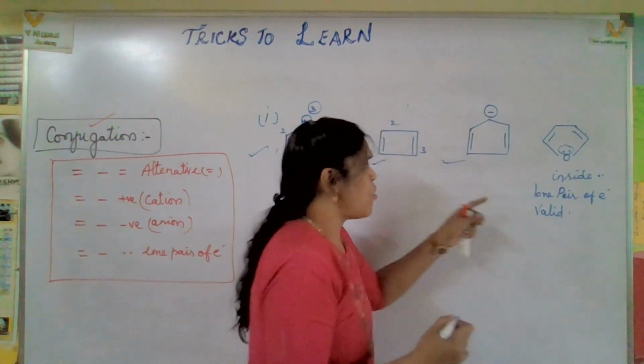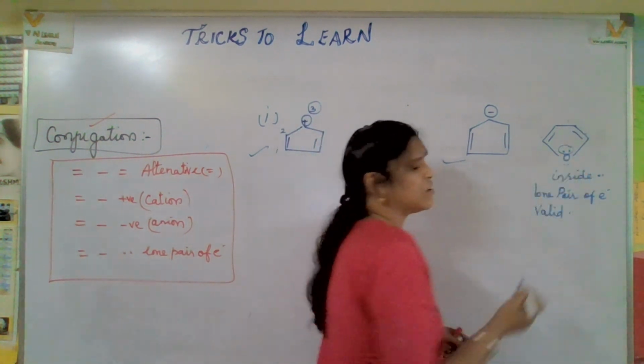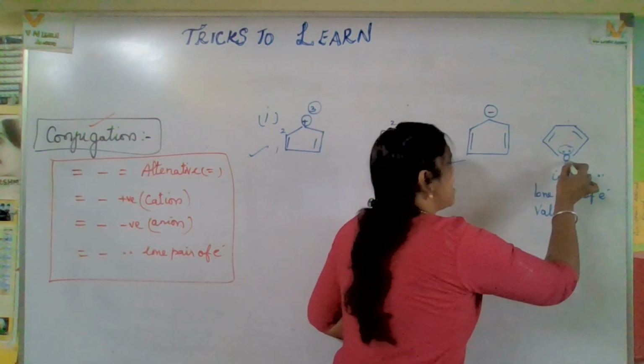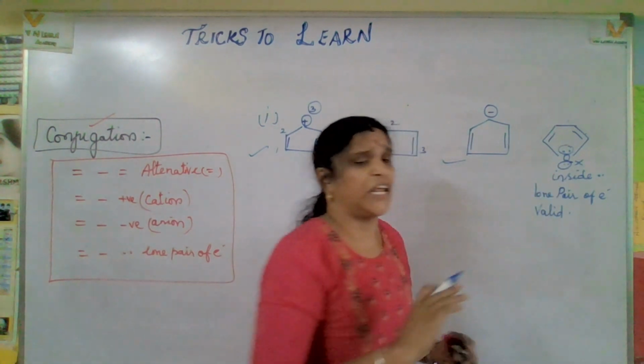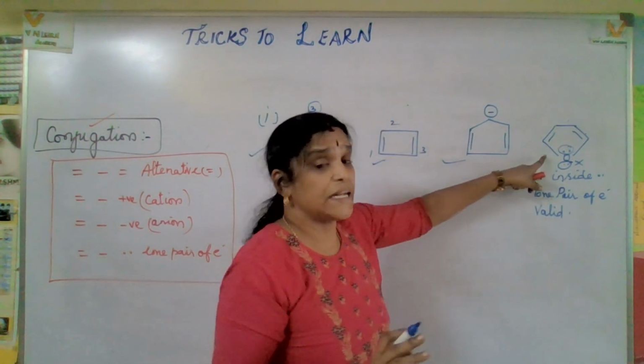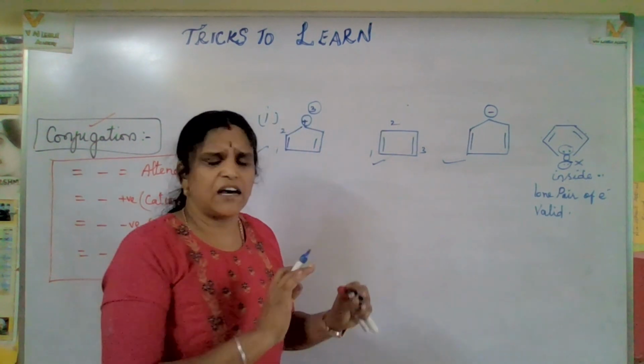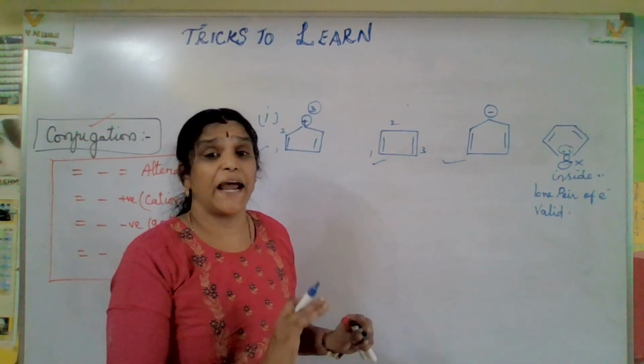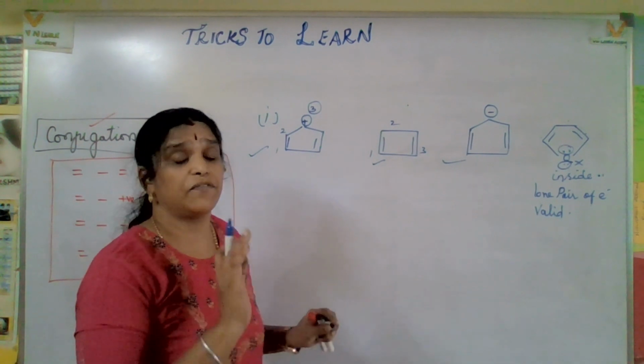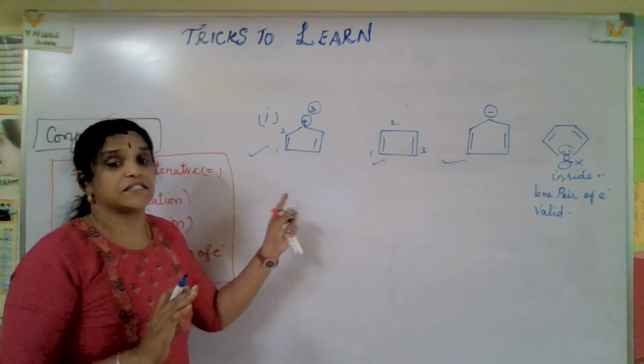Suppose the lone pair of electrons is outside, it is not considerable, no need to check. Only inside lone pair of electrons we have to consider. So these are all only the tricks to find out whether it is a conjugated system or not.